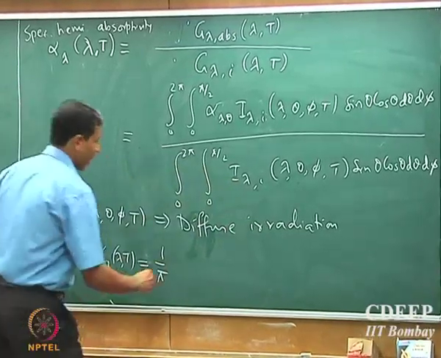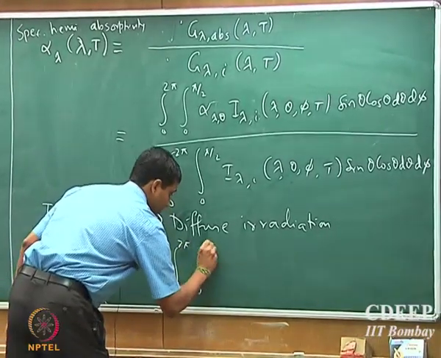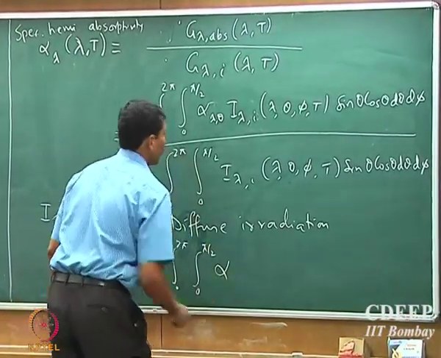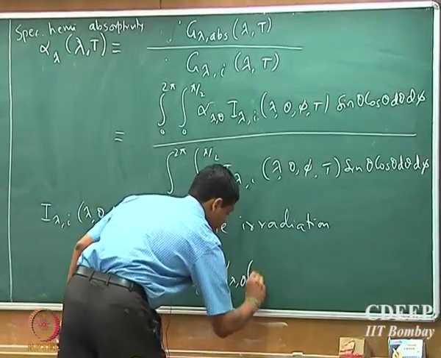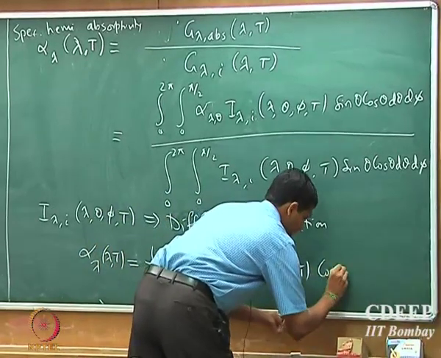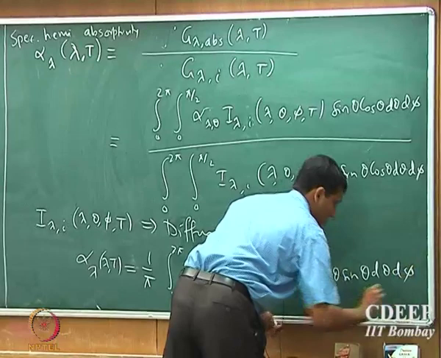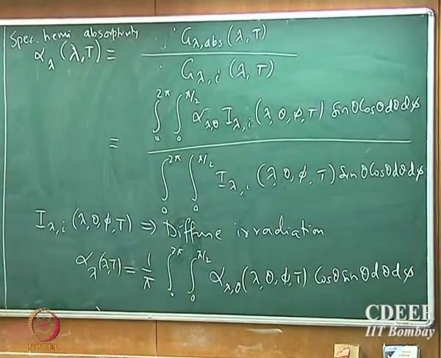So that will be 1 by pi, integral 0 to 2 pi, alpha lambda, d theta d phi. Okay.